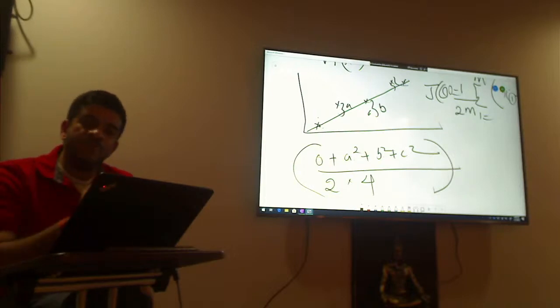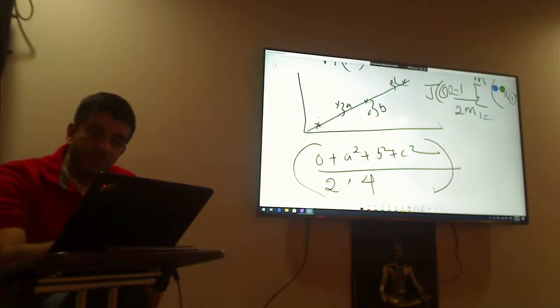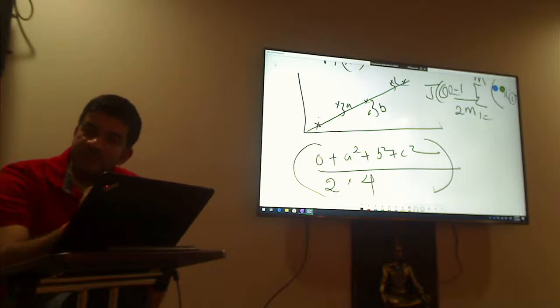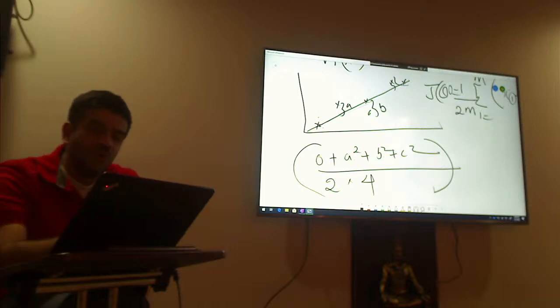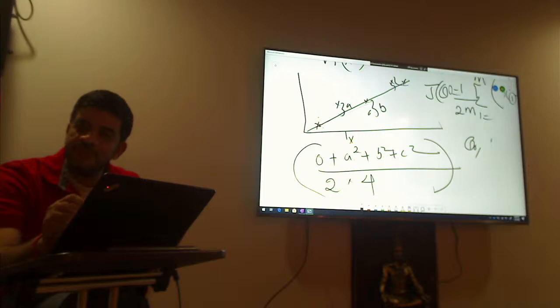So for me to plot this graph, what exactly is the information I need? I need to know a value of x, correct? I need to know the value of theta 0 and the value of theta 1.